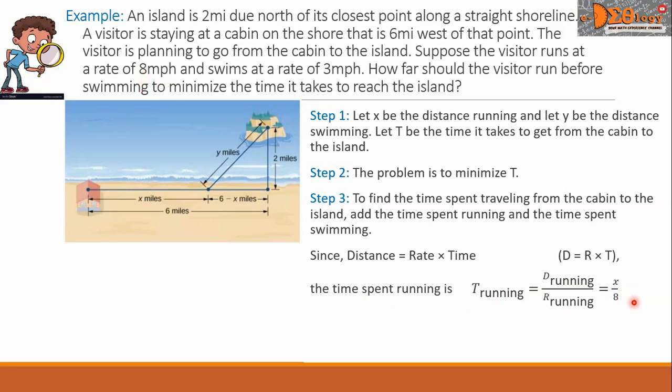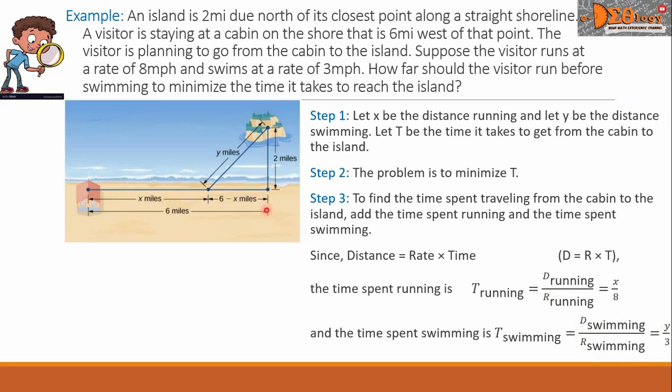So x over 8. While the time spent swimming is T sub swimming equals D sub swimming over R sub swimming. And the value here would be y over 3.